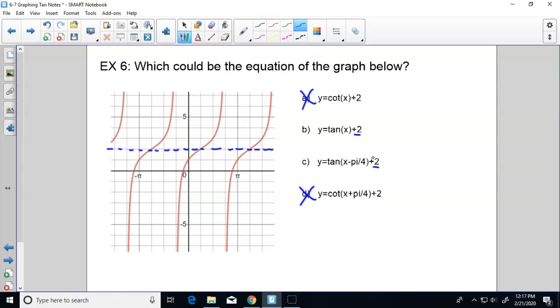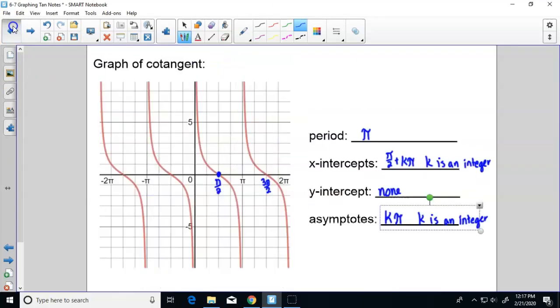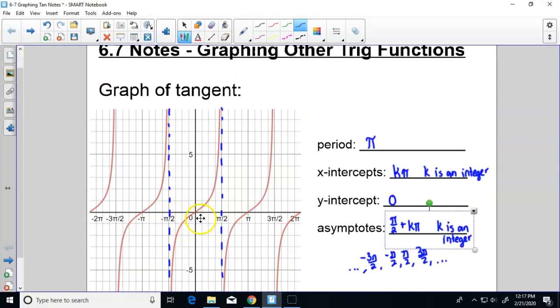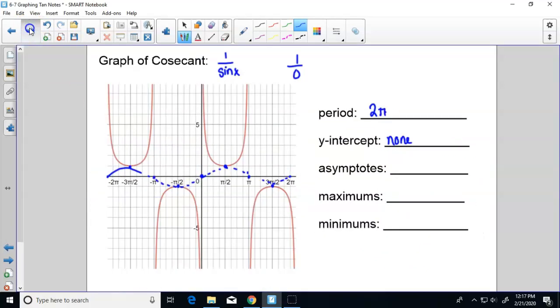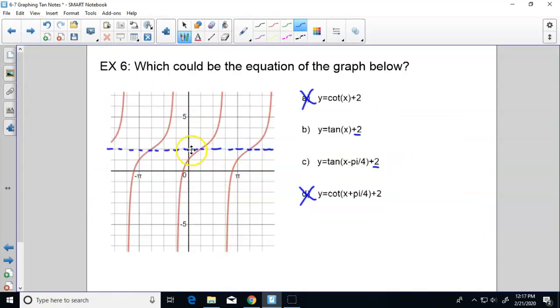So the next thing I need to decide is if I have a phase shift or not. So if we flip back to our graph of tangent, notice that tangent's y-intercept is at 0, 0. This particular graph, its y-intercept is not at 0, 0, which means we had a phase shift.